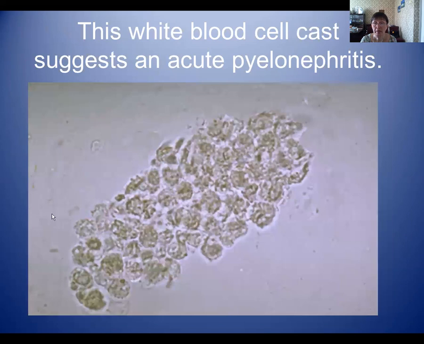And also, we can see specific white blood cell casts, which may be found especially in acute pyelonephritis. The appearance of casts in urine, a high level of casts, is also the sign of pyelonephritis.